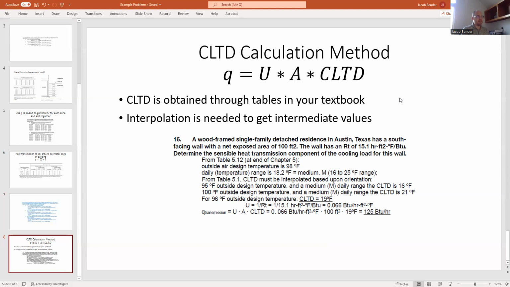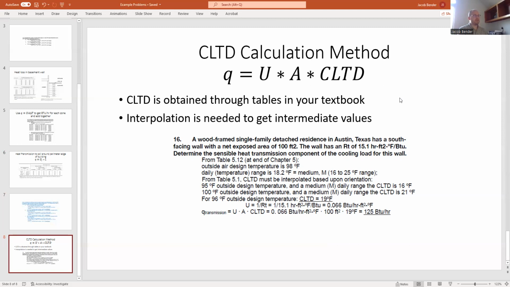The CLTD, according to this, it's in table 5.1 in your book. Your CLTD is going to be interpolated based on your orientation. So you're going to get that value based on a single family detached residence in Austin, Texas, which is hopefully a pretty clear and concise tabulation inside those tables.